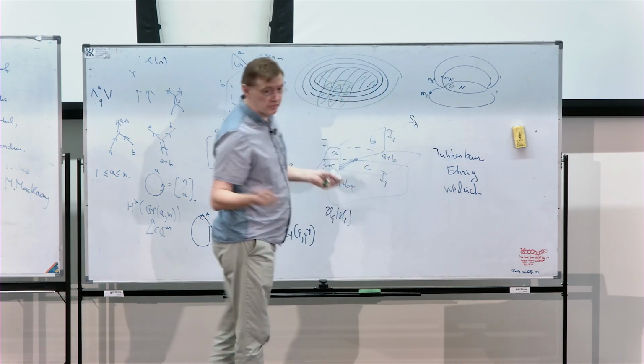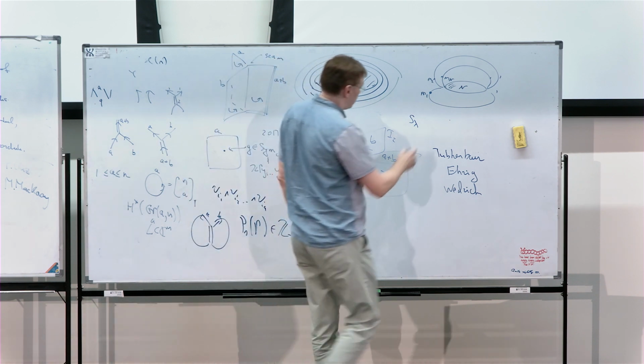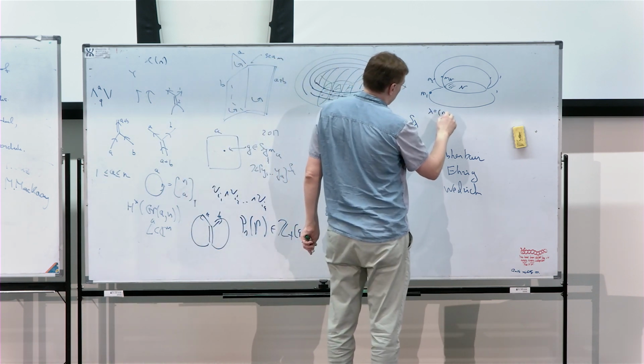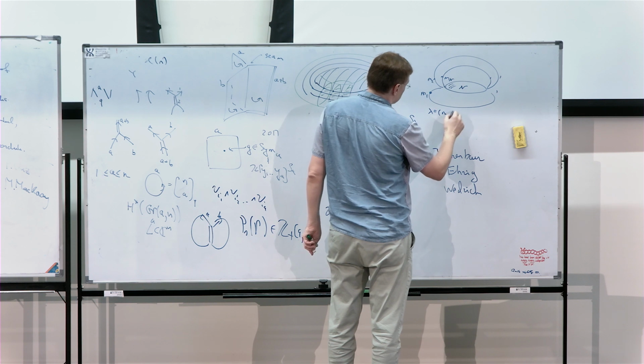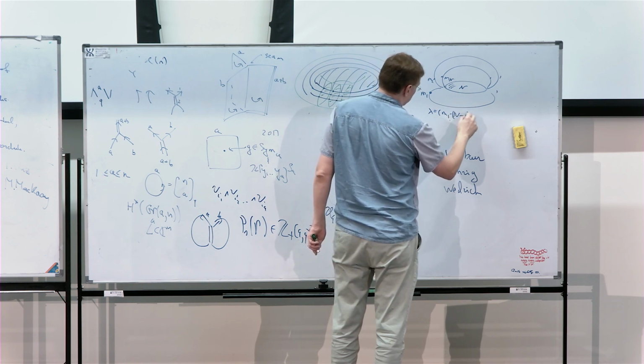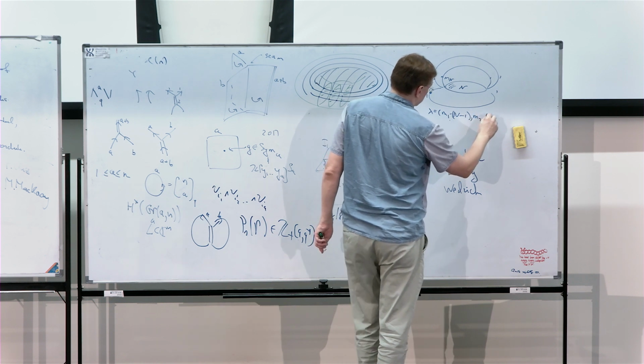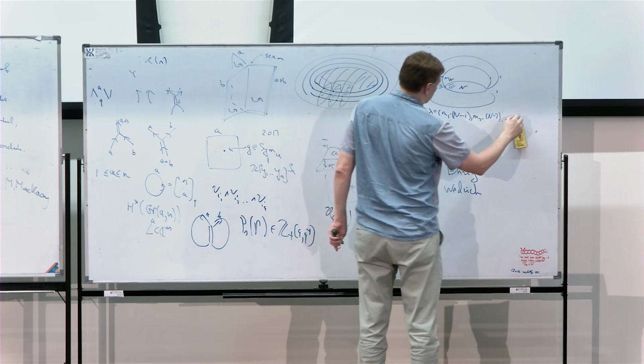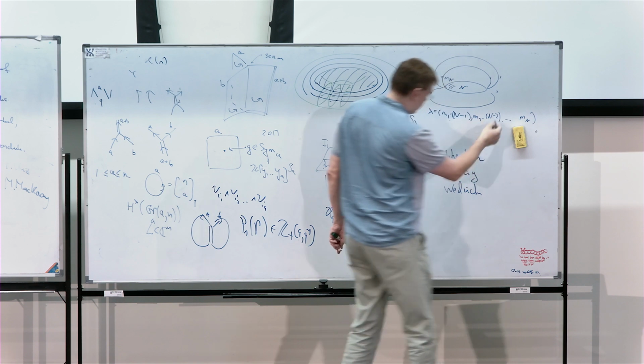So from the evaluation, you see the Schur function S lambda for the partition lambda, which is m1 minus n, I guess, minus 1, m2 minus n minus 2, etc., m sub n for this partition.